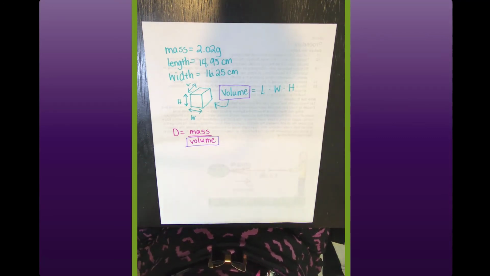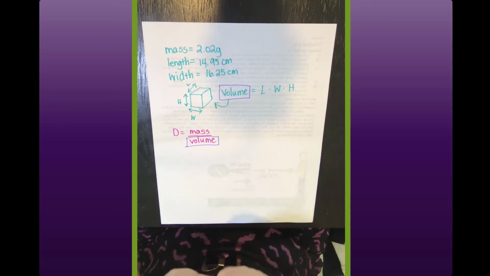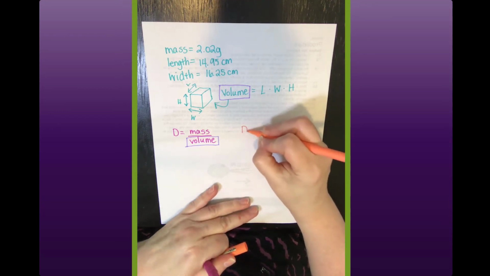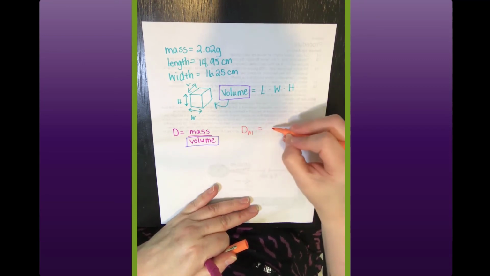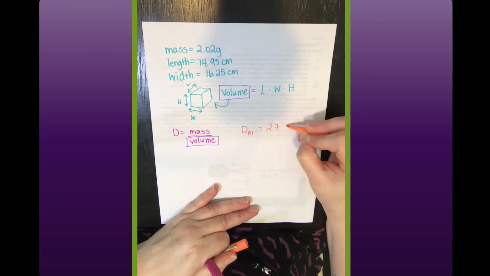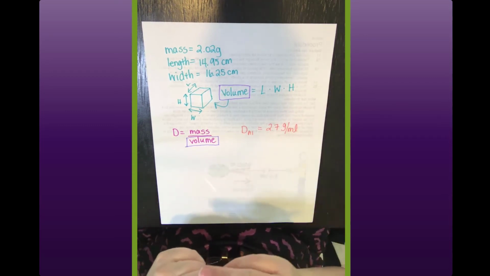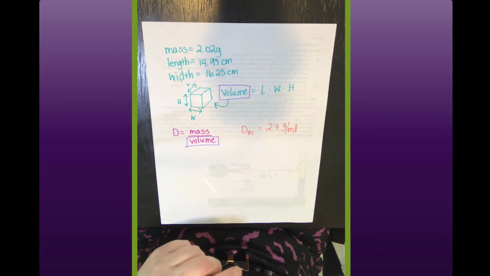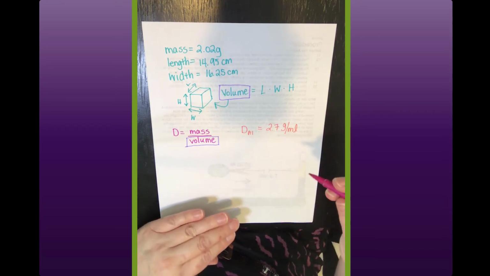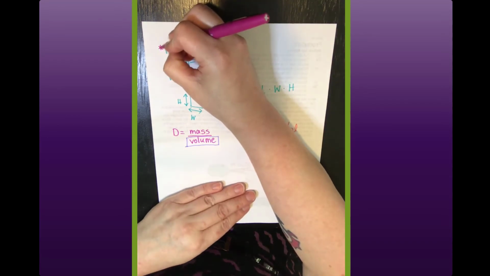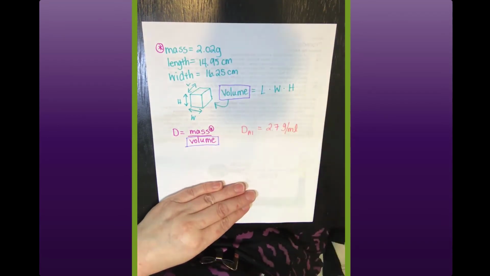Now, we know that the density of aluminum is 2.7 grams per milliliter. And you know that because I told you that, and I know it because I looked it up on the internet. So we measured the mass. We have the mass, so we have this.